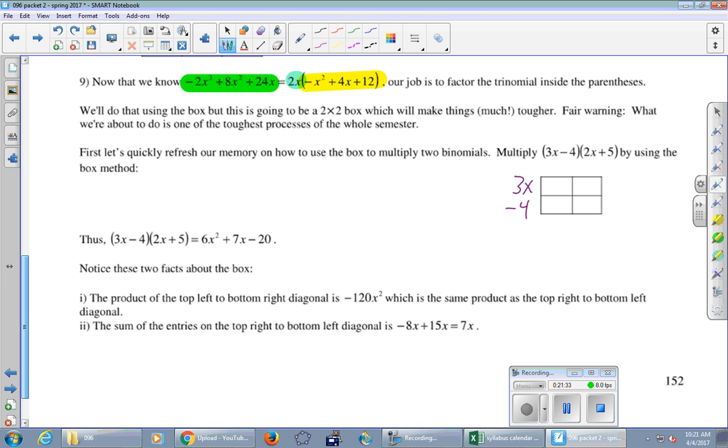And up on top, 2x plus 5. And then remember, in every one of the little rectangles, we put its area. Top left, 2x times 3x, 6x squared. Your neighbors, can you fill in the other three boxes, please?